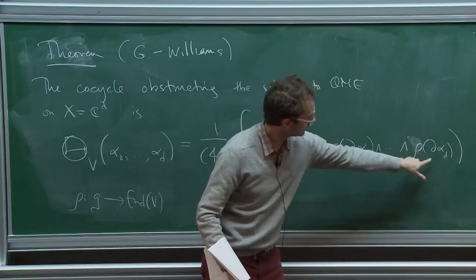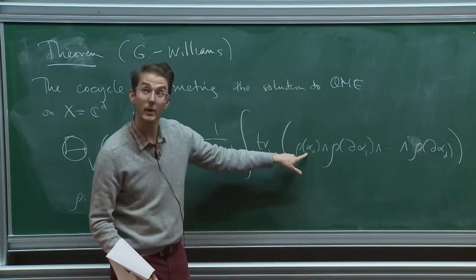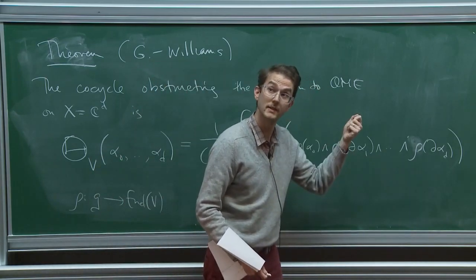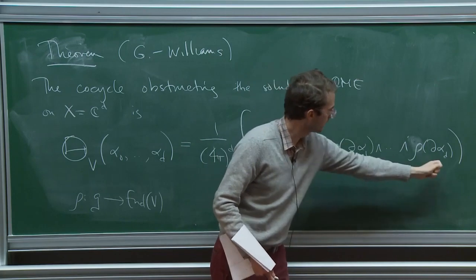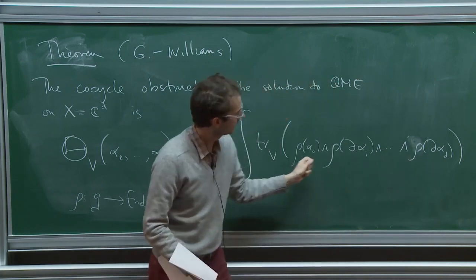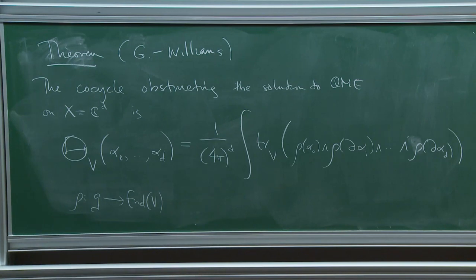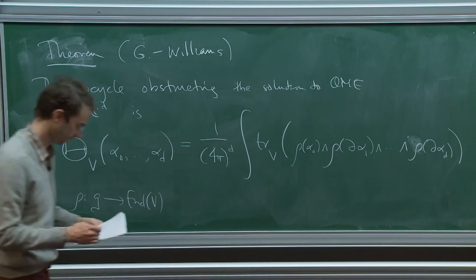I do the dels on d of the inputs and no del on the first one. So the del adds a 1, makes it a (1,0) form. So I get (d,0) forms, and then if you pick the alphas appropriately, you can get a top form. So this is the cocycle.